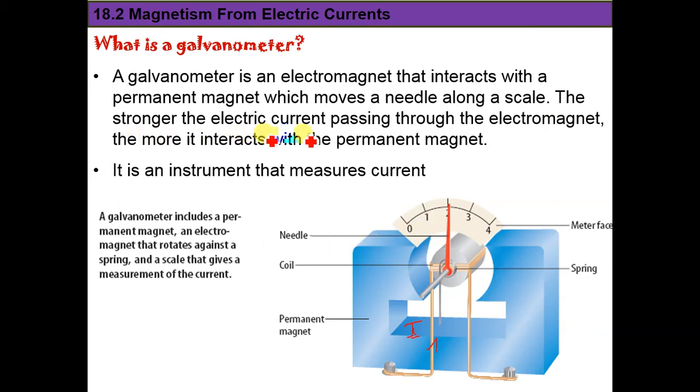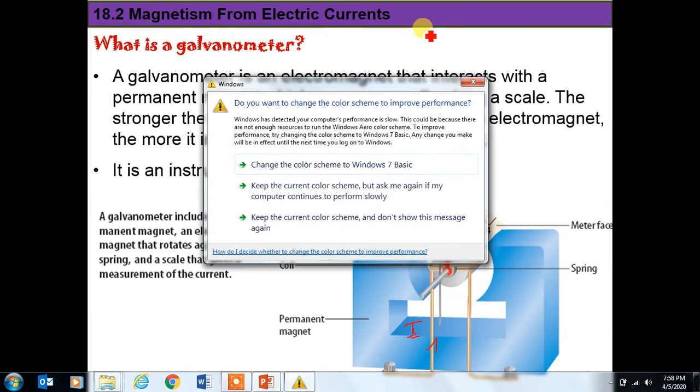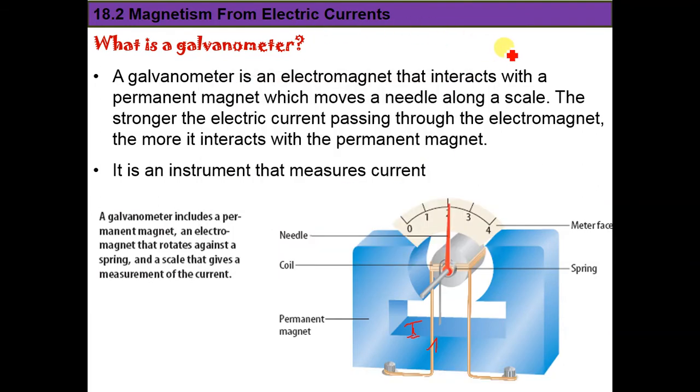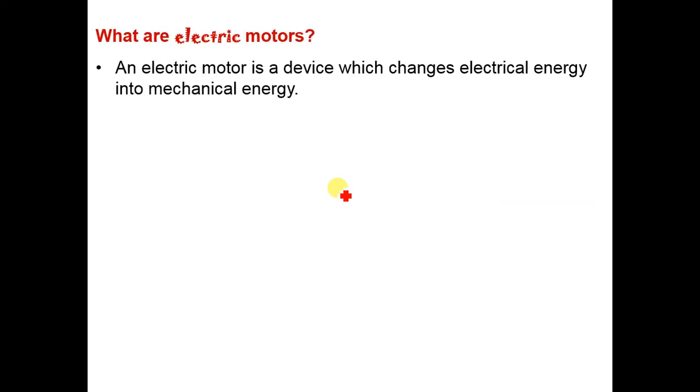So the stronger the electric current passing through an electromagnet, the more it interacts with the permanent magnet. So how can we define the galvanometer? It is just an instrument that measures current. A galvanometer includes a permanent magnet, an electromagnet that rotates against a spring, and the scale that gives measurements of the current. This is everything for the galvanometer.